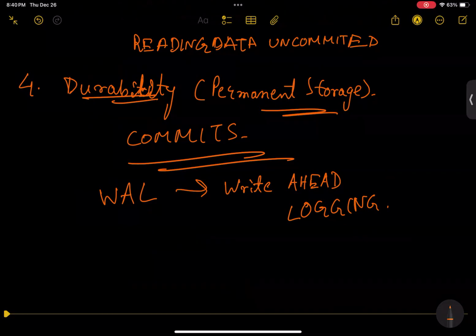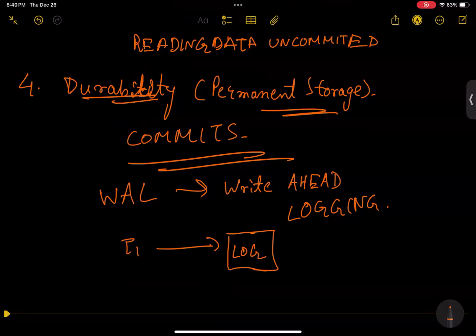There is a principle for write ahead log. What write ahead log says is that there is a log record rule and there is a log force rule. So the core principle says that any change must be written to the write ahead log before being written to database pages. There is a logger, there is a transaction that comes in, and then there is a database, right?